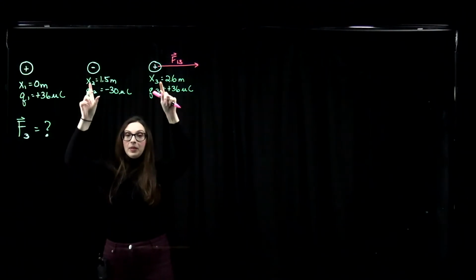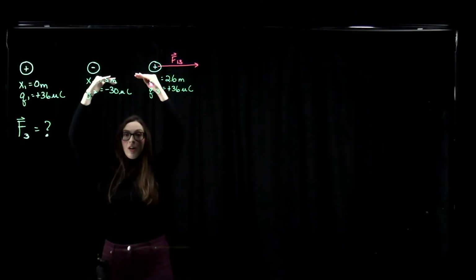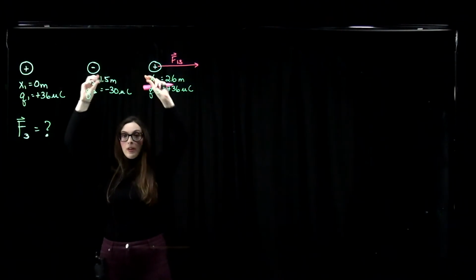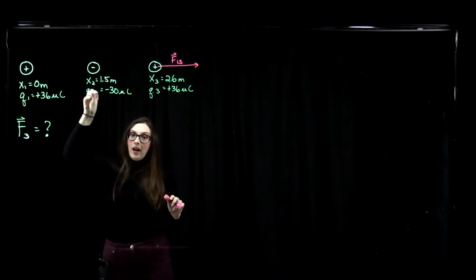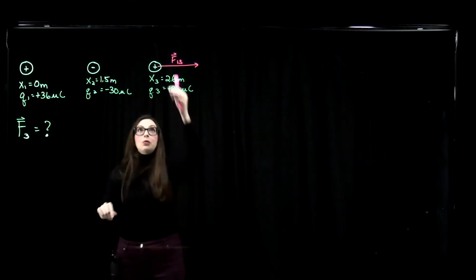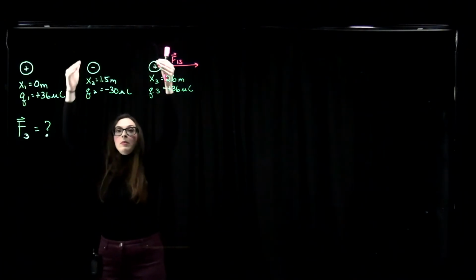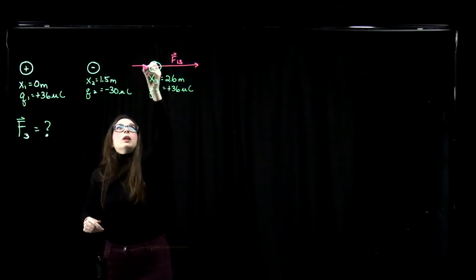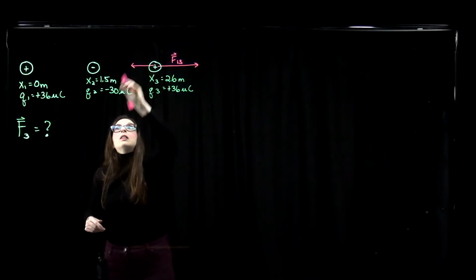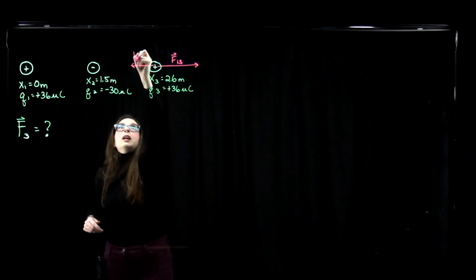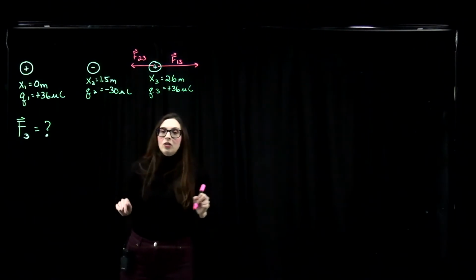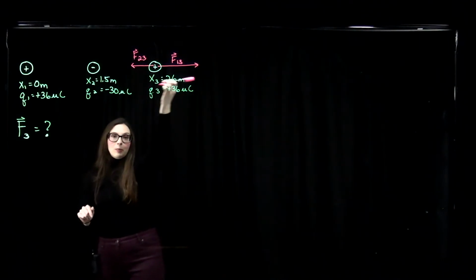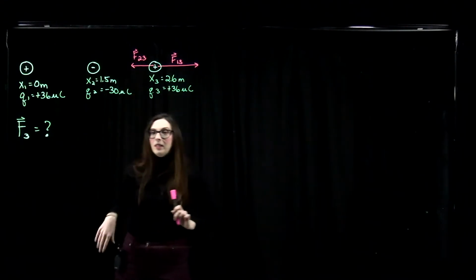These are opposite signs, and they're going to want to attract each other. They're going to want to move toward each other. So the force that charge 2 is exerting on charge 3 is going to make them want to come together. And so that force, which I'm going to call F23, is pointing off in this direction. So F13 is positive, F23 is negative.